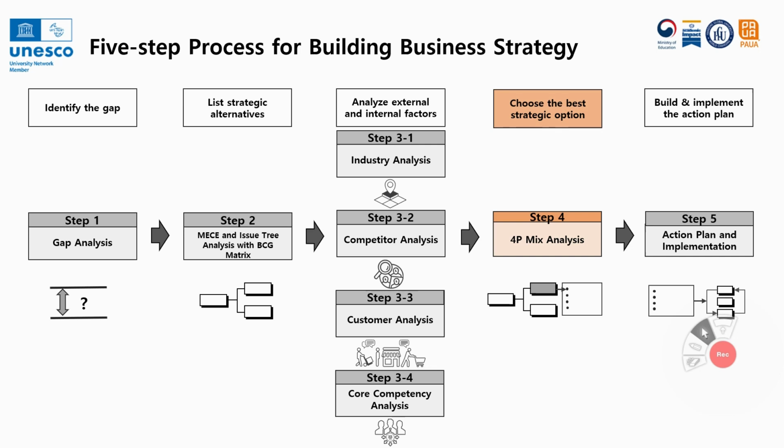Now it's time for us to choose the best strategic option. So this is the time we make some conclusions, and think about more detailed tactics and strategy for implementing the strategy.